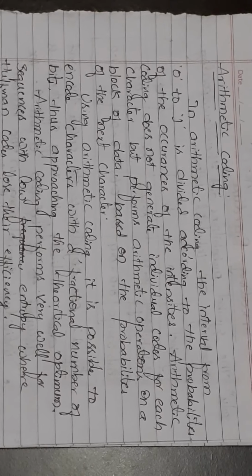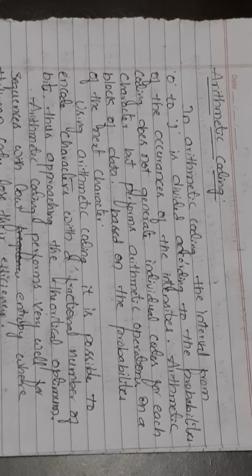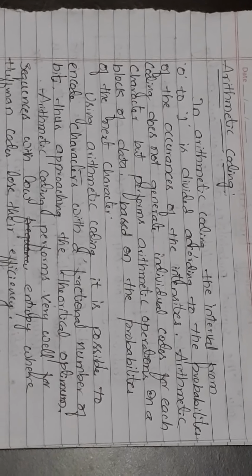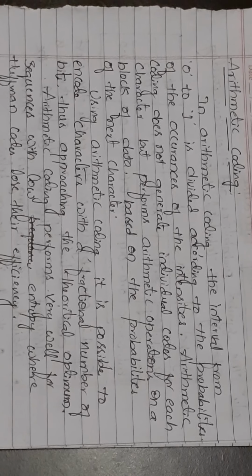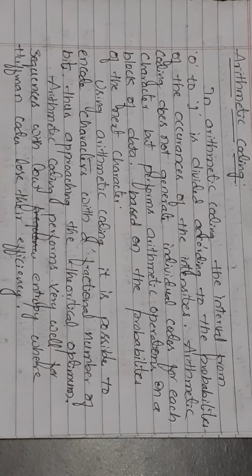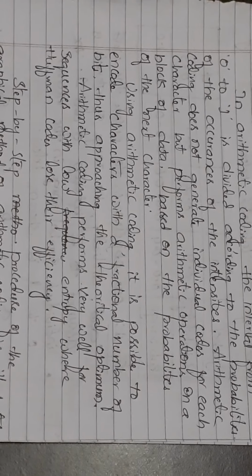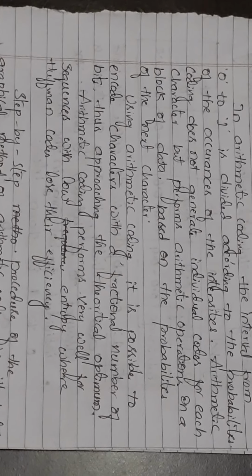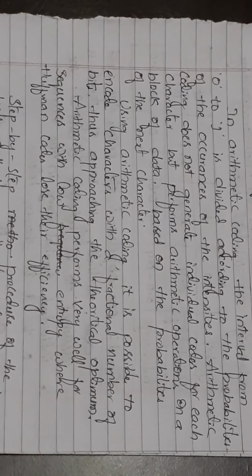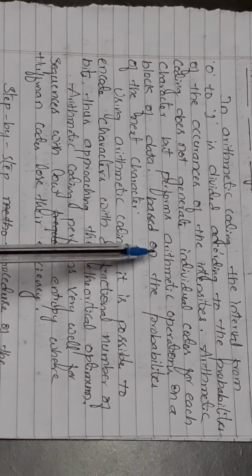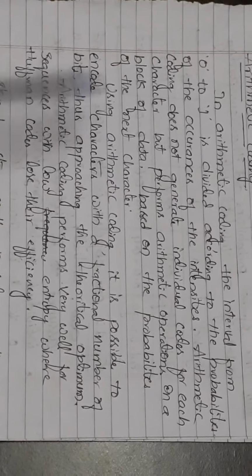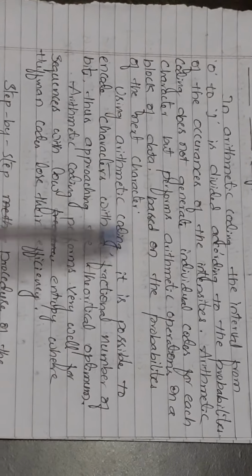This arithmetic coding operation performs arithmetic operations on a block of data. Compared with Huffman coding, where for each symbol we have to convert it into its binary equivalent, arithmetic coding performs arithmetic operations on a block of data based on the probabilities of the next character.